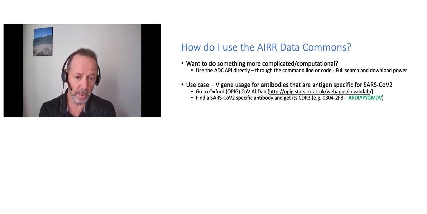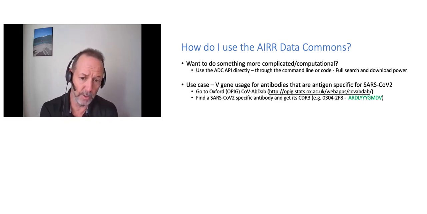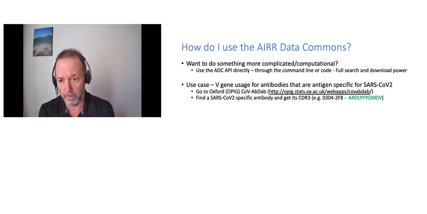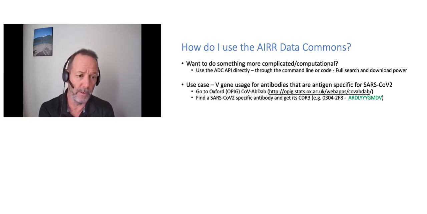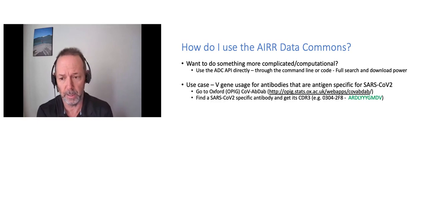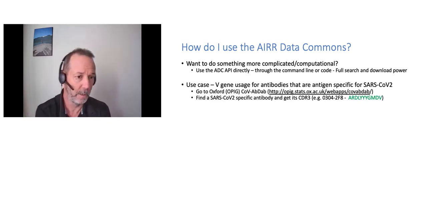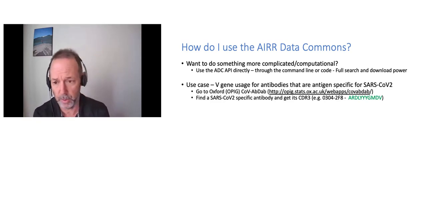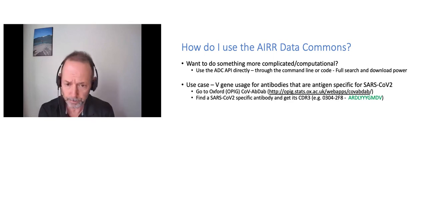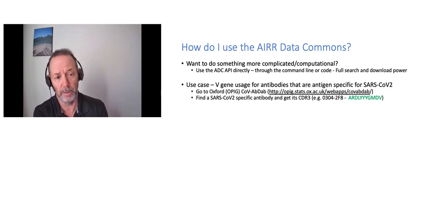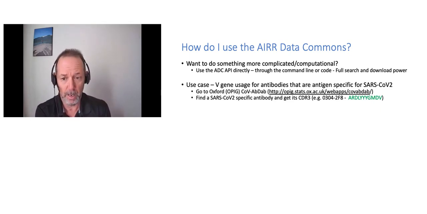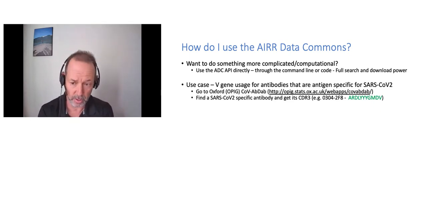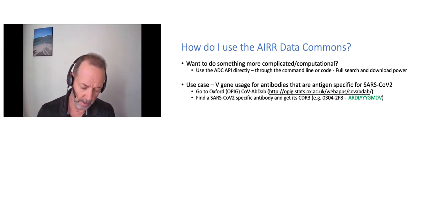In this use case, as a user, I'm interested in looking for a specific CDR3, which is a feature that's prominent in binding between the antibody and the SARS-CoV-2 virus. I'm interested in looking for an antibody that's known to be specific. I'm interested in the CDR3 feature, which is this amino acid string right here in green.